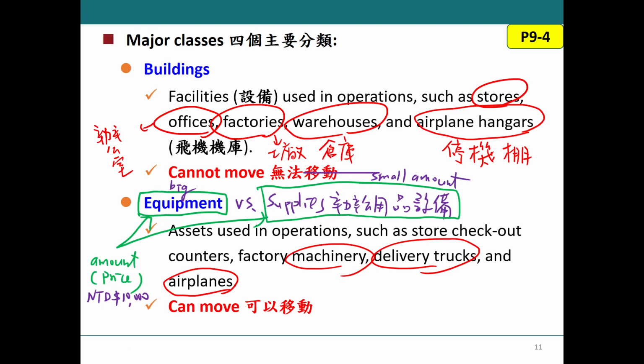Okay. So did you find out the definition is very important to determine what it is? Any questions?